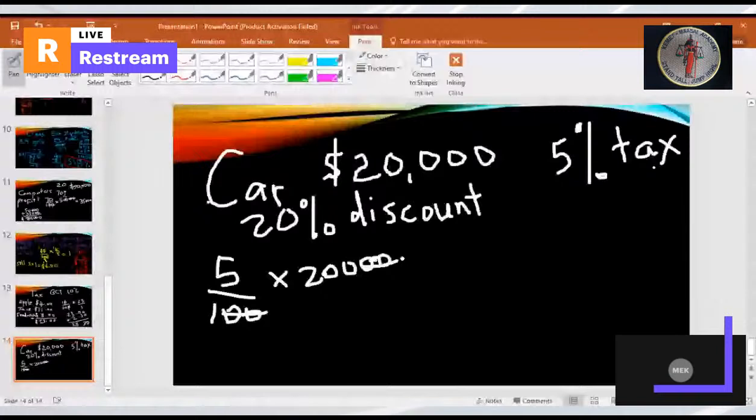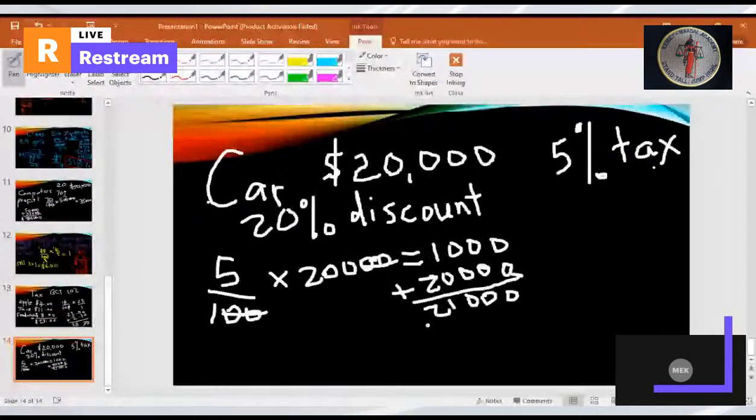And since this is a tax, now we're going to add it back to the 20,000. So we get 21,000, and we're going to find the discount on it. We're getting a 20% discount, so let's put that in another color.